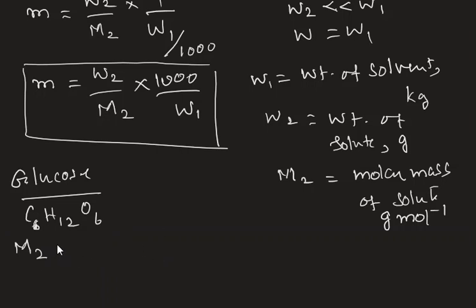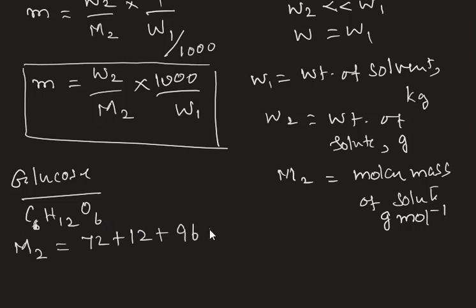that is water. So molar mass means you have got carbon 6, so 6 into atomic mass 12 is 72, plus 12 hydrogen, 12 into 1 is 12, plus oxygen, 6 into 16, that is 96.